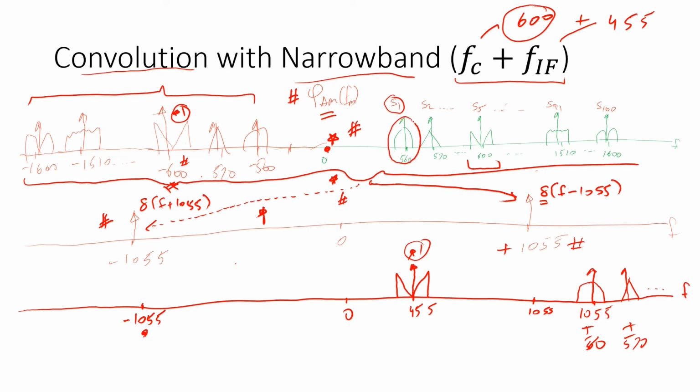This part would be somewhere over here, that is minus 1055 plus 560, and in between we will have plus 570 and so on until we have the important station that we want to tune into, S5 over here.